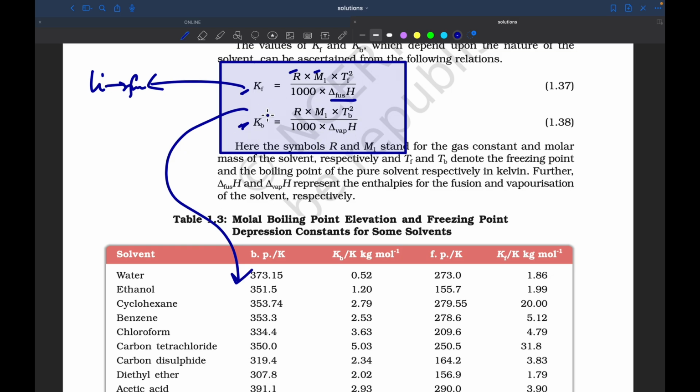Right, so you don't have to focus on these ones, but here the R value is the gaseous constant.